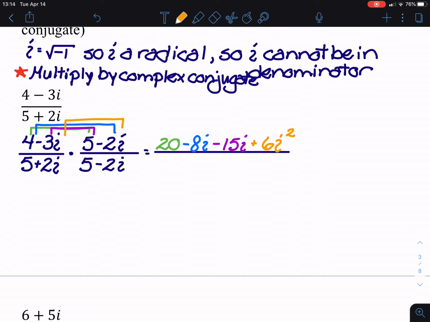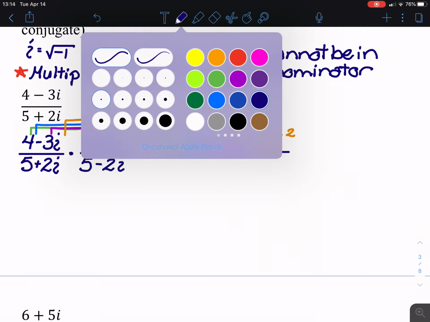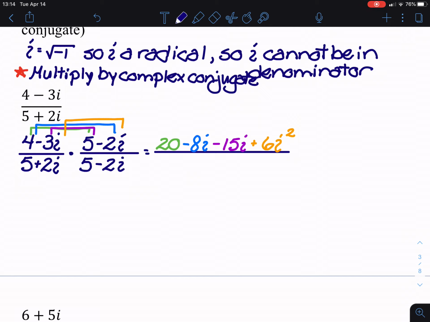Now for the bottom, I'm multiplying complex conjugates, so I don't need to do the whole FOIL thing. What I'm going to do is square the first, so 5 squared, minus, and then I square the second part, 2i squared.